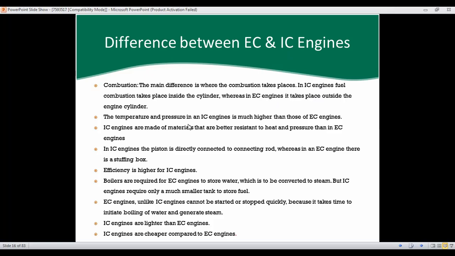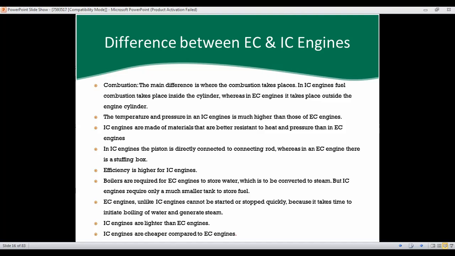The temperature and pressure in an IC engine are much higher than those of an EC engine. What is the reason behind that? In the IC engine, whatever heat is generated is inside a chamber, so the heat loss is minimum in comparison to the EC engine. Next, in an IC engine, the piston is directly connected to the connecting rod, whereas in the EC engine it is in a stuffing box.